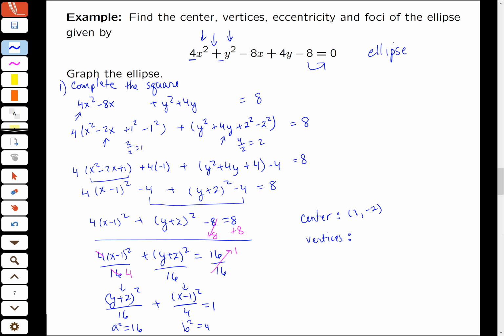The vertices are going to be what? (h, k) plus or minus a. So this is (1, negative 2) plus or minus. If a squared is 16, what is a? 4. So this is 1. Negative 2 plus 4 is 2. Negative 2 minus 4 is negative 6. There are the vertices. Let's see, foci. Foci say this is (h, k) plus or minus what?